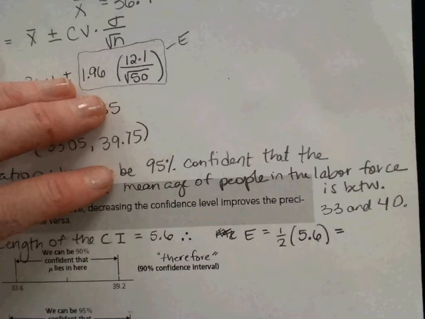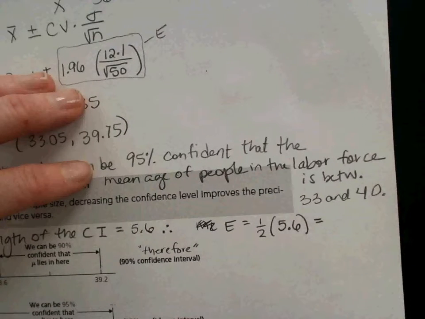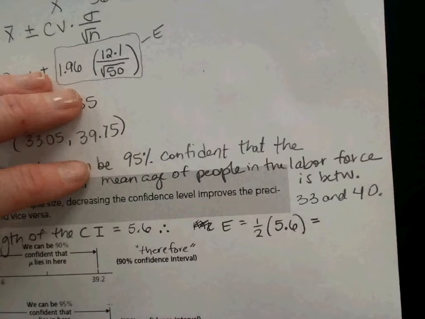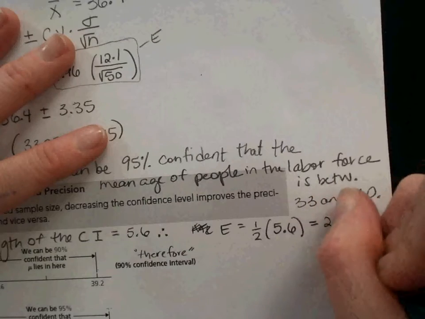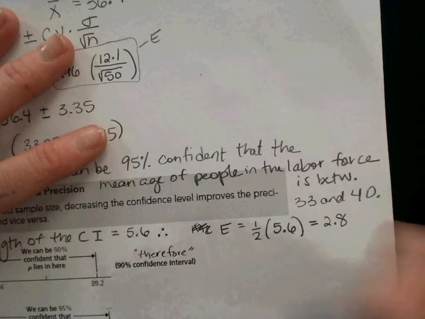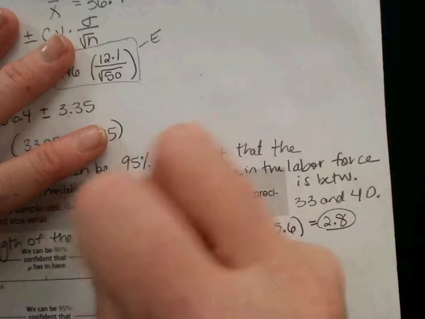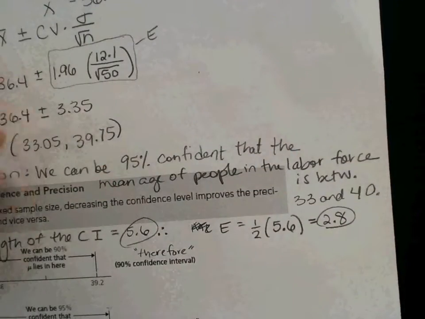So what do we get for the margin of error? 2.8. So we have our margin of error, we have our confidence interval for the 90%.